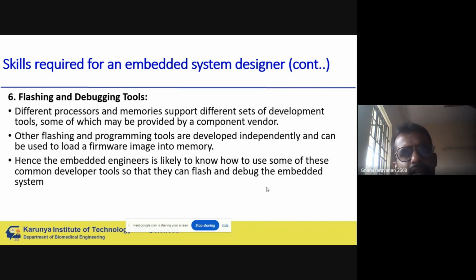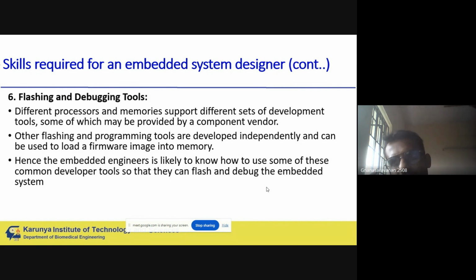So we need to know how to flash the read-only memory in the embedded system. That's actually what they do in a cell phone. In the ROM, there is an operating system running, some version of Android, and you can flash that ROM and forcefully upgrade it if you have the knowledge of flashing and debugging tools.